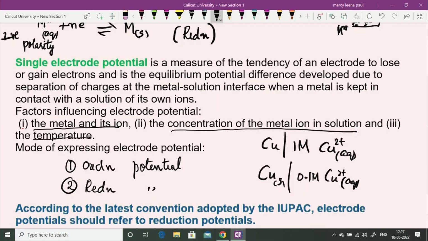Here the difficulty is that if I represent the potentials of electrodes as oxidation potentials, another person might represent them as reduction potentials. So there will always be a difference between these two. So IUPAC has fixed a rule to represent electrode potential: electrode potentials should refer only to reduction potentials.